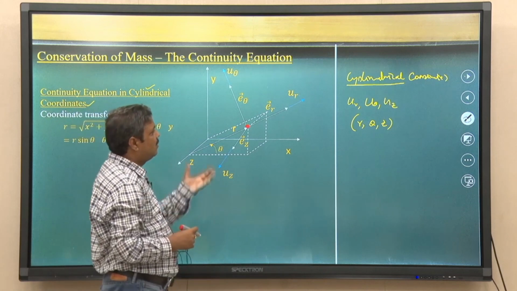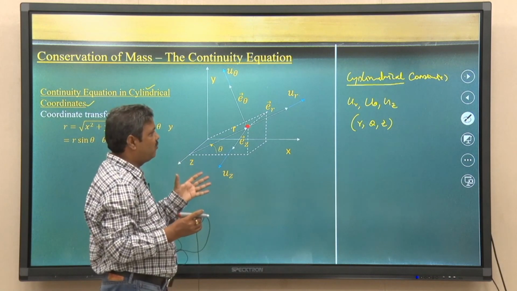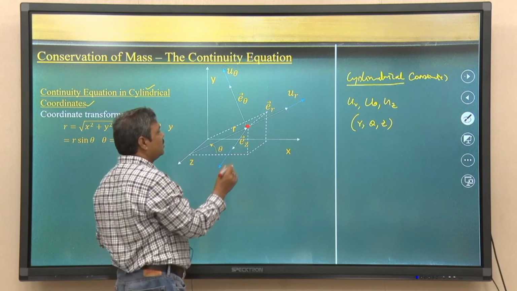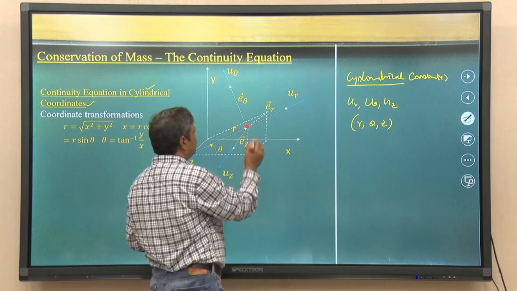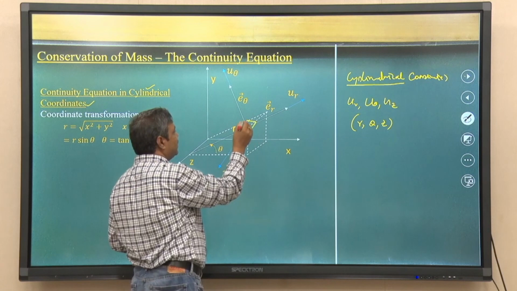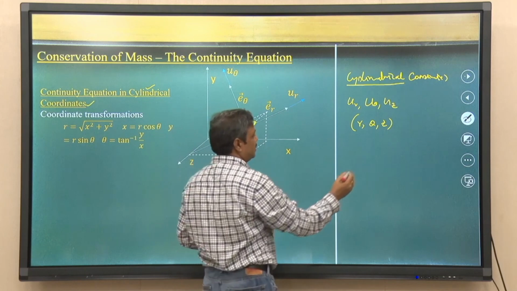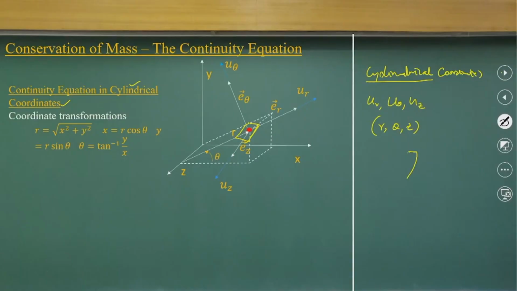Earlier we considered a parallelepiped control volume. Instead of taking the parallelepiped control volume, we are considering a control volume which has dimensions radially dr, angularly r d theta, and perpendicular to that dz.